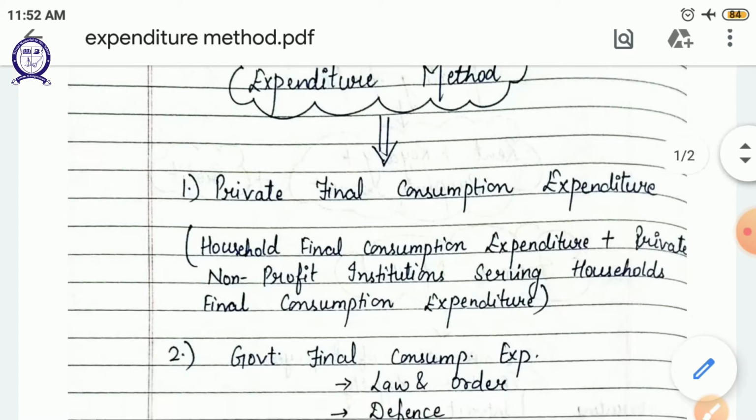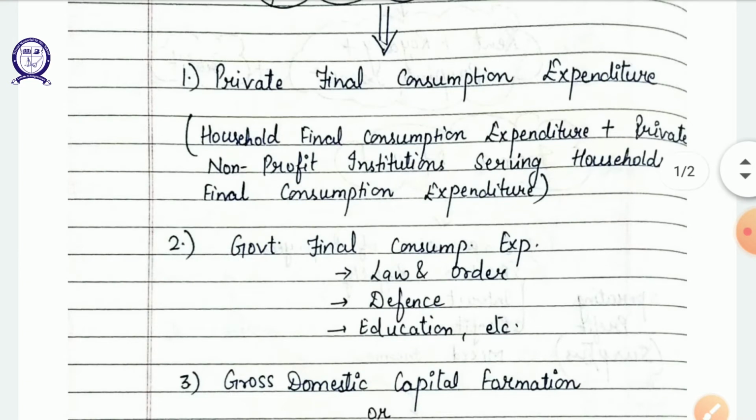Next one is your government final consumption expenditure. Government final consumption expenditure means whatever expenditures government has done to satisfy collective wants of people. Collective wants of people means expenditure on public health, law and order, defense, education, for public welfare.